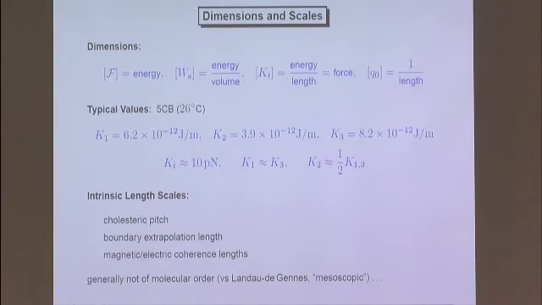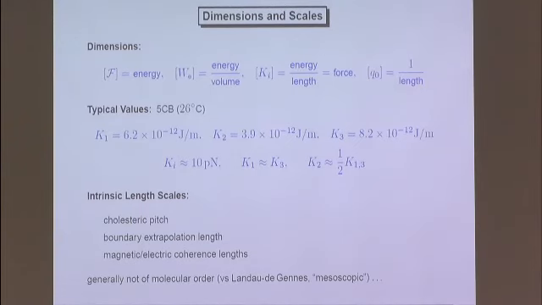Now, in terms of length scales, all the Ks have the same dimensions. I mean, you cannot create any intrinsic length scales out of the Ks. You can form dimensionless ratios, and frequently they're important, but you don't get length scales out of that.